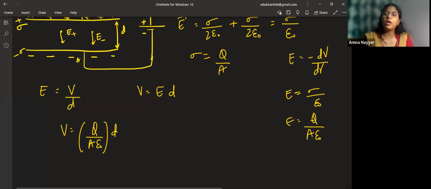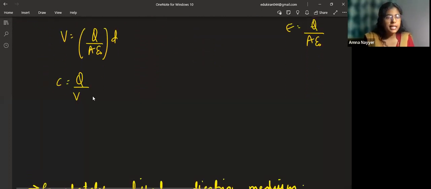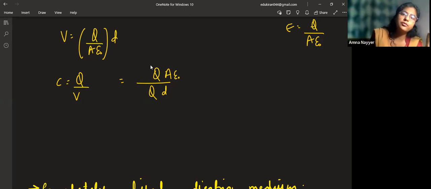What was the formula of capacitance? C is equal to Q by V. Let's put in the value of V, which is Q D by A epsilon naught, that I have written.